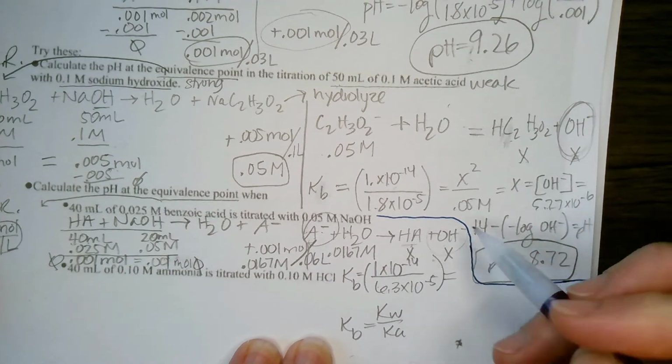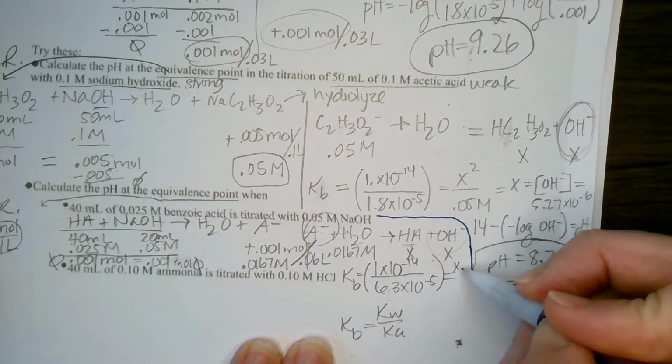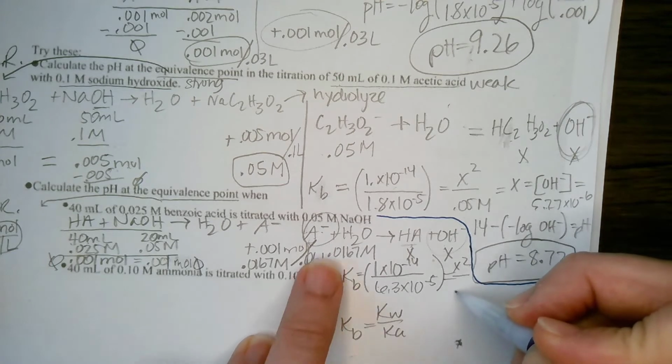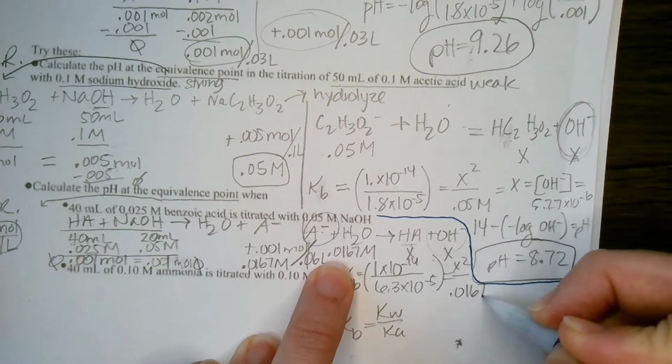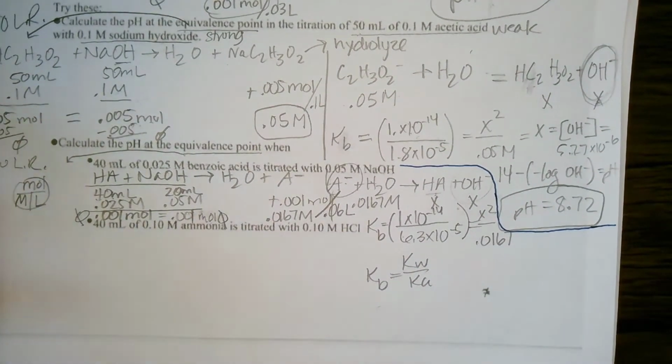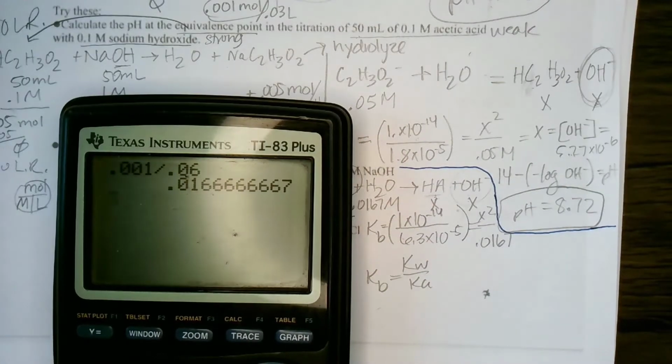And then that's going to be equal to x times x, which is x squared, over 0.0167. All right, let's do some math here. 1 times 10 to the negative 14 divided by 6.3 times 10 to the negative 5.